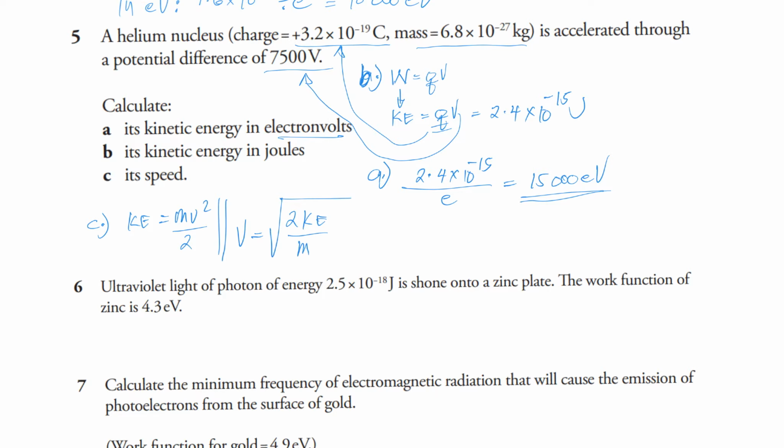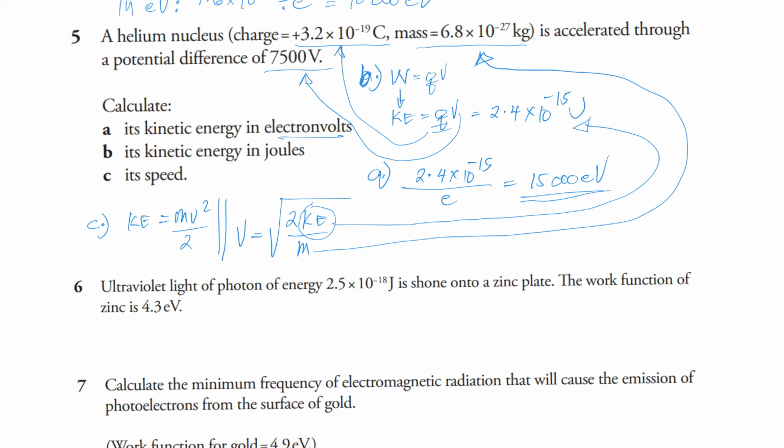The kinetic energy is calculated already, and the mass is given here. So everything is given. You can calculate your velocity. So your velocity is around 8.4 times 10 to the 5th power meter per second.